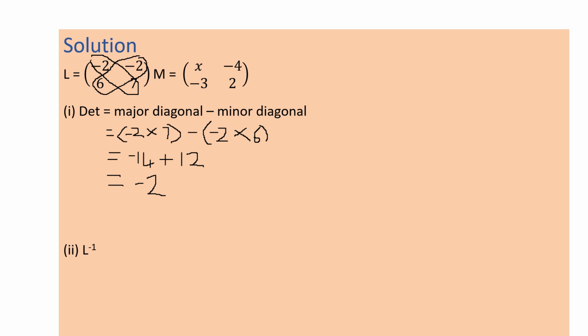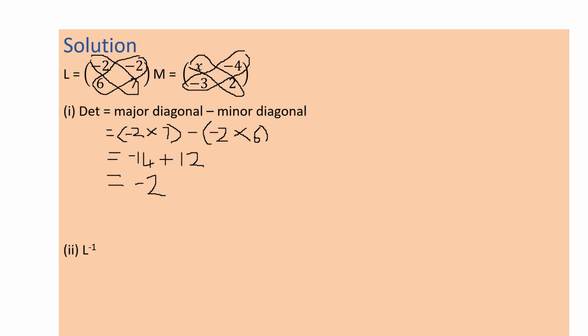Having found our determinant, we can easily find the value of x by multiplying what is in the major diagonal of M minus what is in the minor diagonal of M as well. Then it should be equal to the determinant.